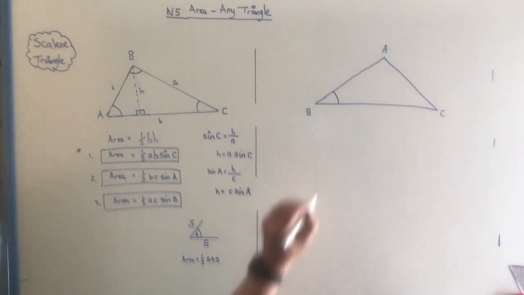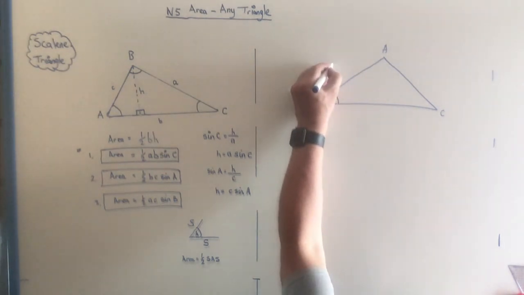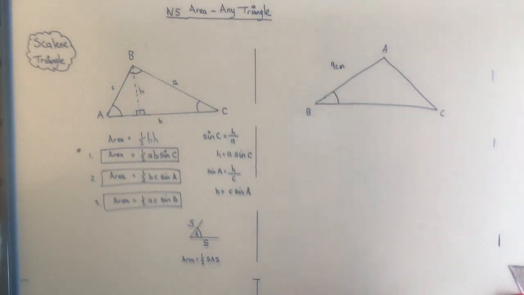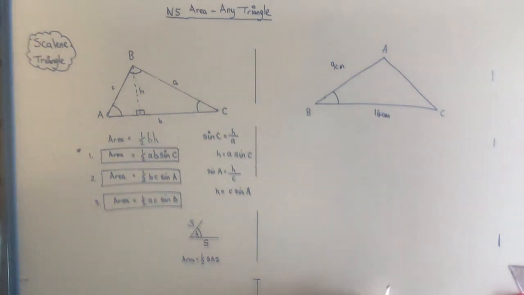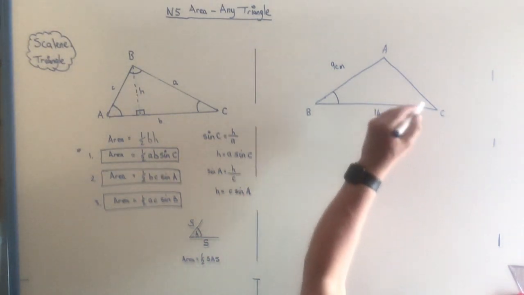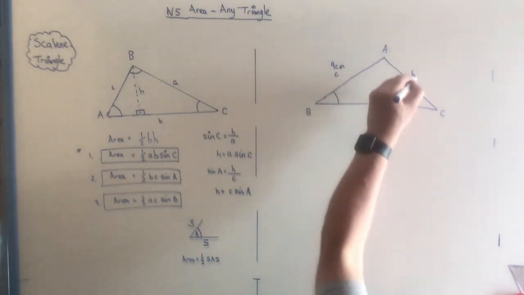We're given this dimension from A to B is 9, so this is 9 centimetres. And the other side is 14 centimetres. So let's label my diagram as normal. That's A, that's C, and that's B.